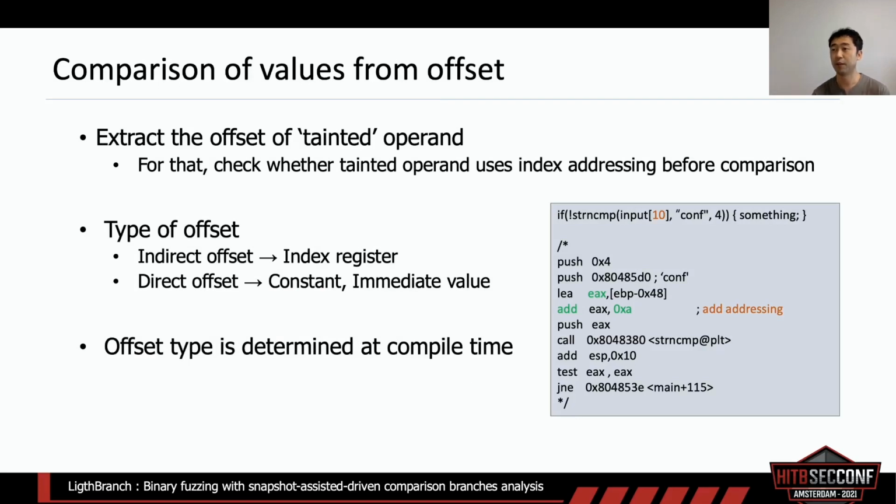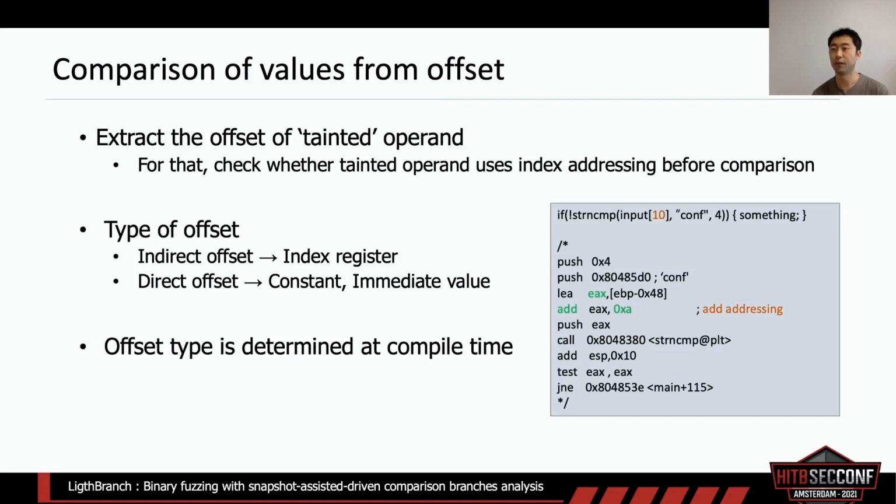Okay, now comparison of values from an offset. Binaries often use index addressing to compare input. In this case, since the values inputted at a specific offset from the base pointer are compared, the offset information must be extracted to inform the fuzzer.